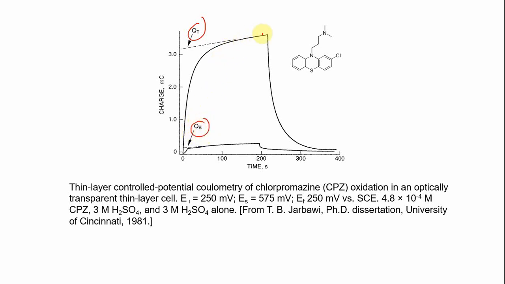By extrapolating this linear part of the curve to the y-axis, we get the value of qt, and then if we extrapolate this part, we get the value of qb. In other words, we have measured the total charge and also the background charge, that is, qt is the total charge and qb is the background charge, just by extrapolating the response that we are getting.